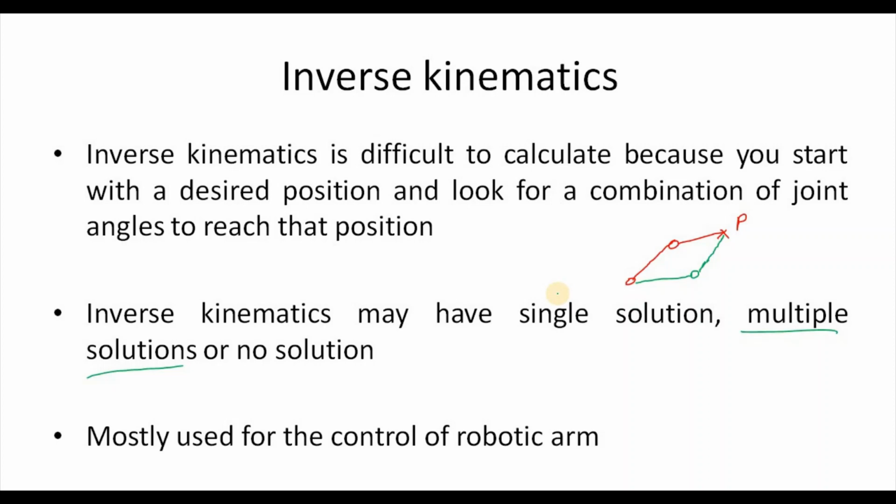So this type of kinematics, we use it for control of robotic arm. So what you want to do is a position control. Let's say you are doing welding, and you want your welding rod to stay on the metallic object.